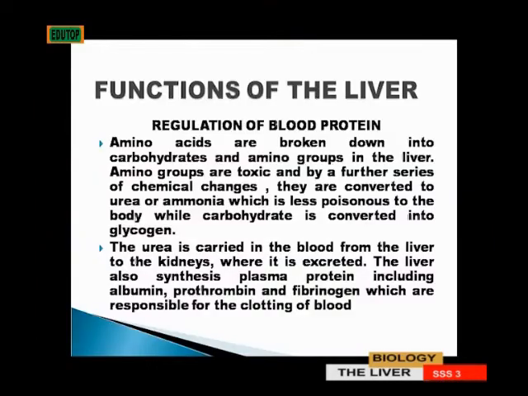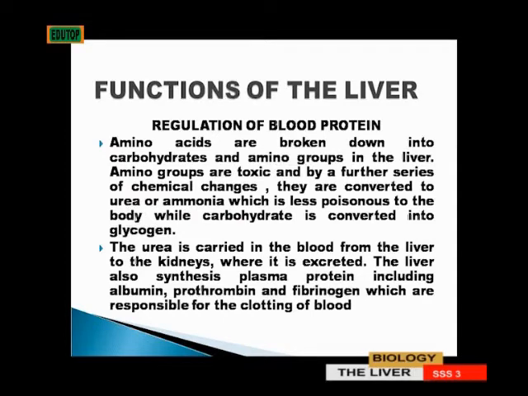Another function of the liver in regulating protein is that the amino acids are broken down into carbohydrates and amino groups in the liver. The amino groups are toxic, and so they are converted by a further series of chemical changes into urea or ammonia, which is less poisonous to the body.